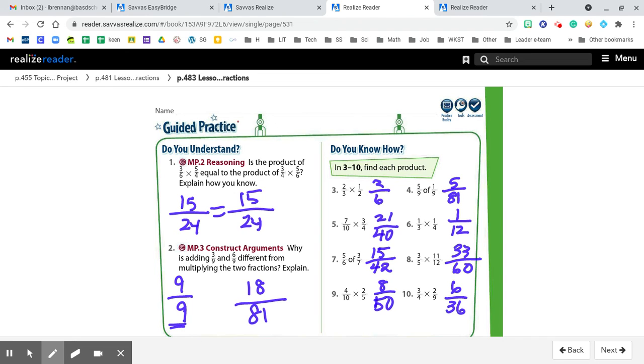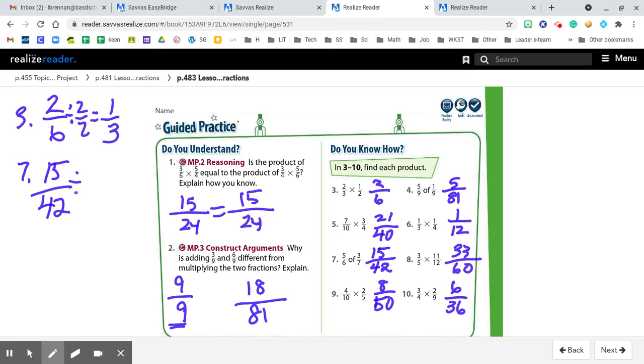Now, many of these can be reduced. For number 3, 2 over 6, we can divide by 2/2. They're two even numbers, and we get 1/3. 4 is fine. 5 is fine. 6 is fine. For 7, we have 15/42.